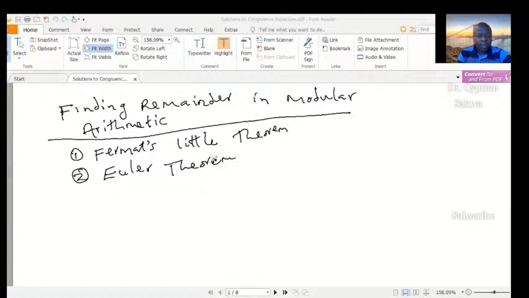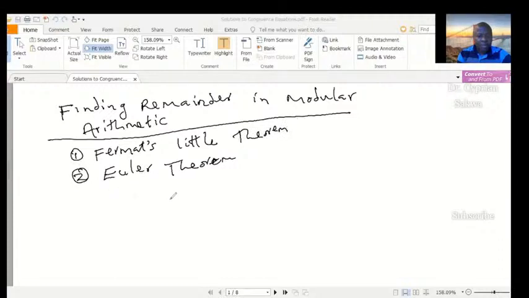And if we get a question that requires a method different from these two, then we will bring that method and do that question. But basically, the two methods that I want to use are these two. Now we know the statements of these two theorems.